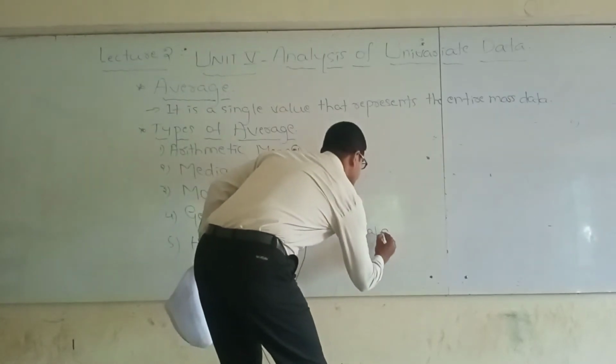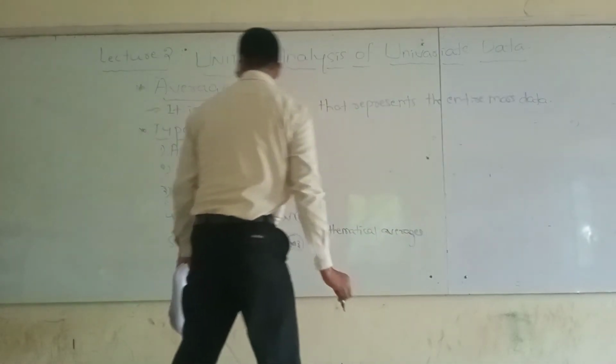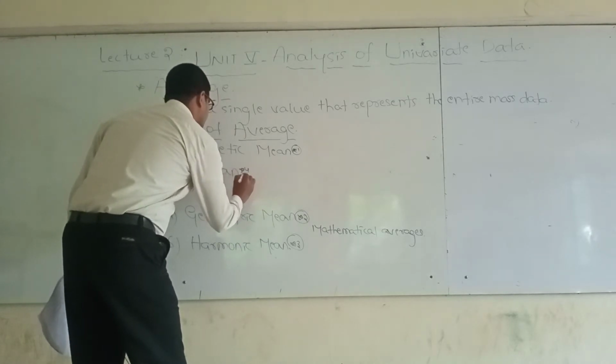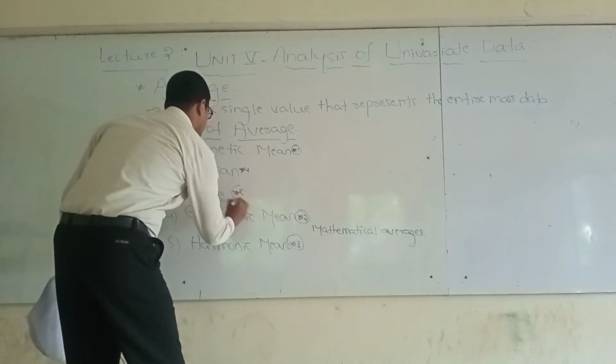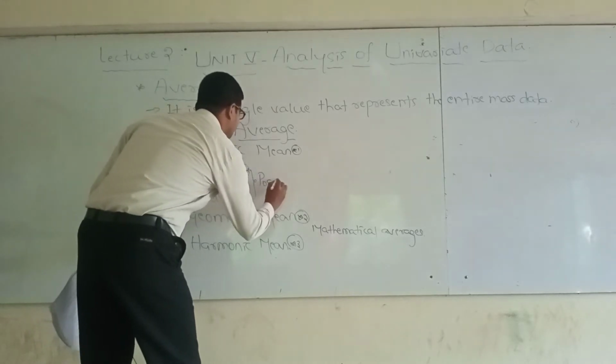averages. And these two, I take as star 4, star 5. These two are positional averages.